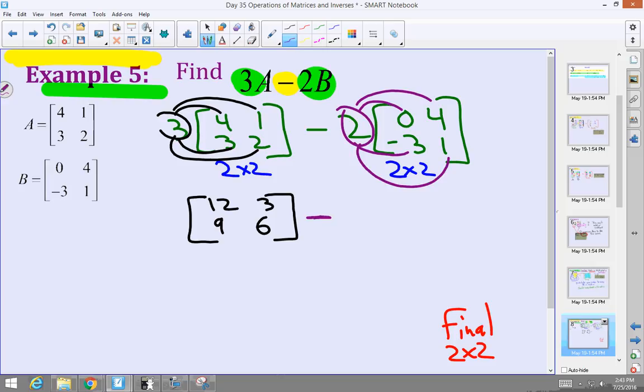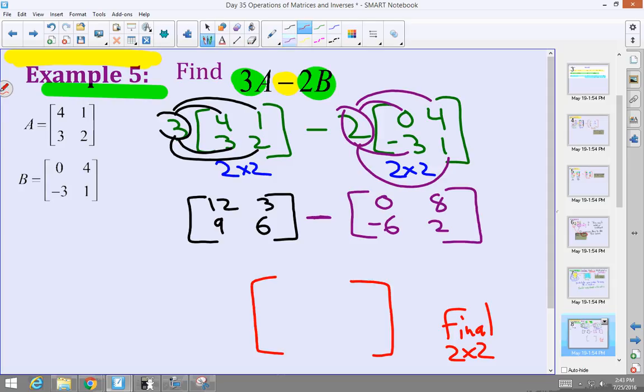So if you do it that way, I'm still going to say minus, and I'm going to set this up as 2, 8, negative 6, 2. So notice, I doubled everything in that second matrix, and I did nothing with the negative. I kept the negative outside to remind myself we're going to be subtracting black minus the purple.